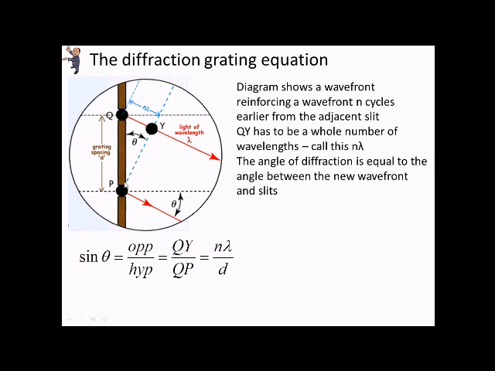So using trigonometry, sine of this angle is going to equal the opposite, so n lambda, divided by the hypotenuse, which is d. So we've got sin theta equals n lambda over d. You will need to know this derivation for the exam. So have a look at this diagram, make sure you understand it.